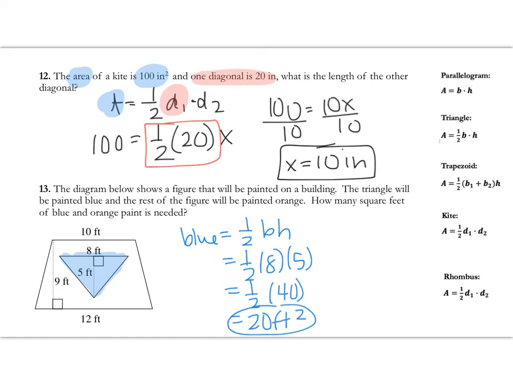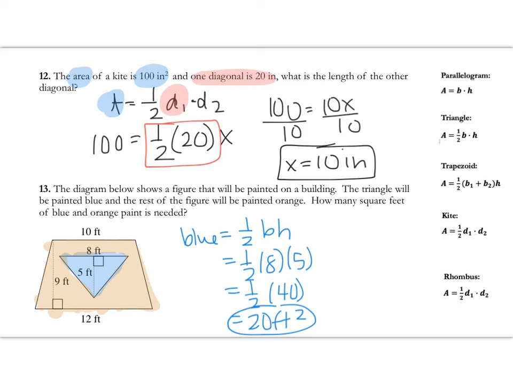It's the orange part that I need you to think about for a second. So this part's supposed to be orange. Is that actually a shape, the orange part of that? That's what I need you to think about.